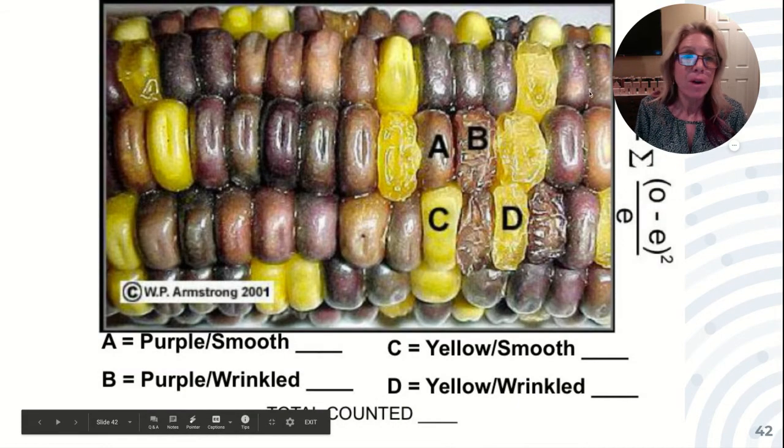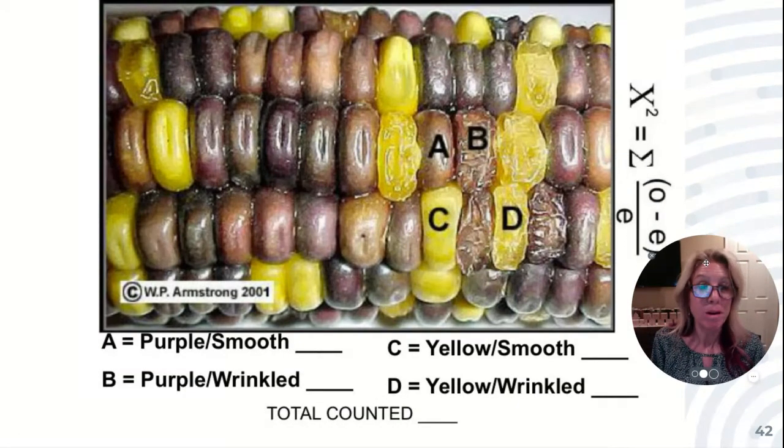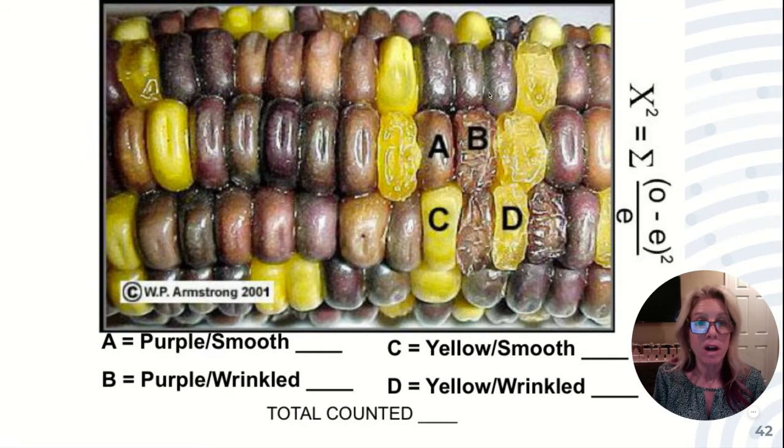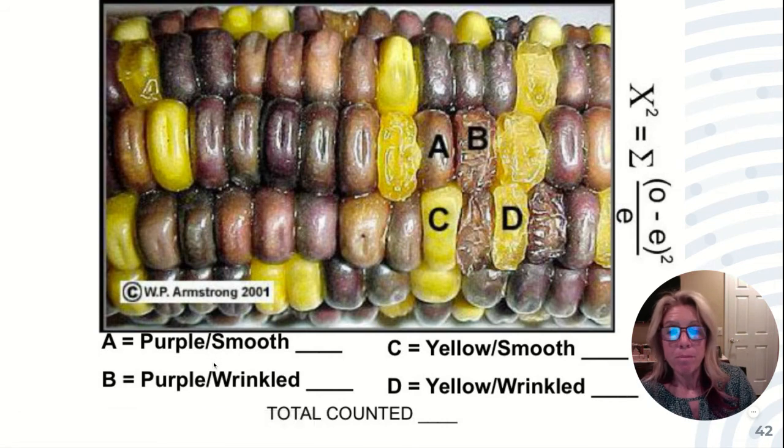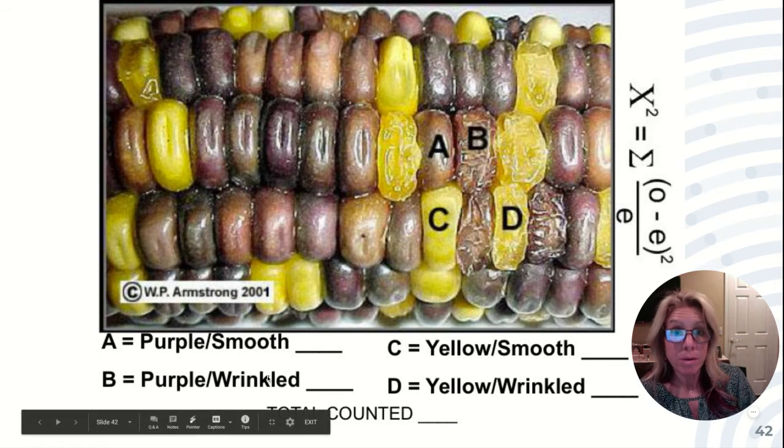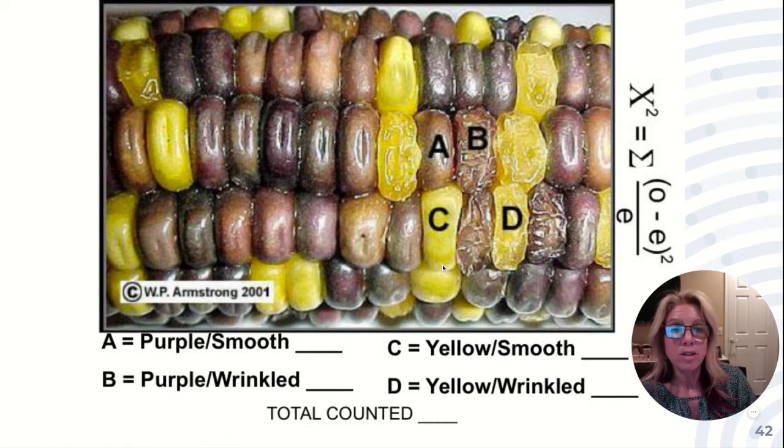All right, now, if you wanted to combine what I've taught you about chi-square and product law, you could use Indian corn. Now, in this case, Indian corn, being purple and smooth is a dominant trait, okay? And then purple wrinkled would be a dominant with a recessive. That would be this, right? And then yellow and smooth, that would be another recessive dominant.